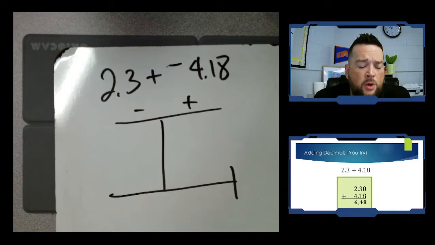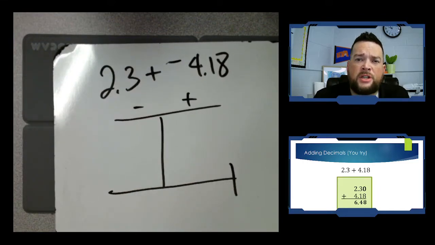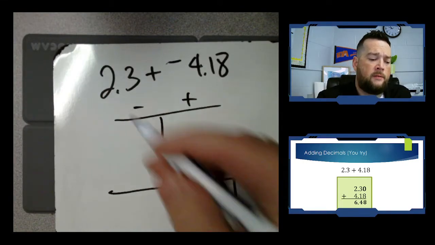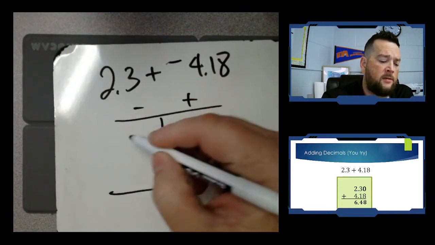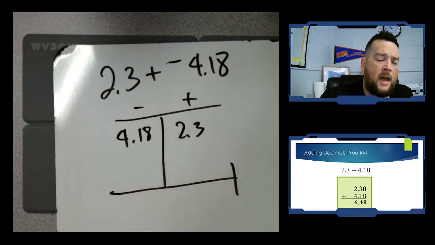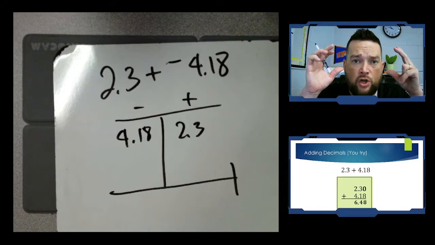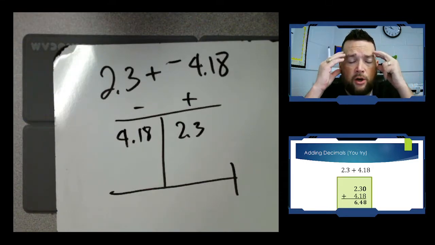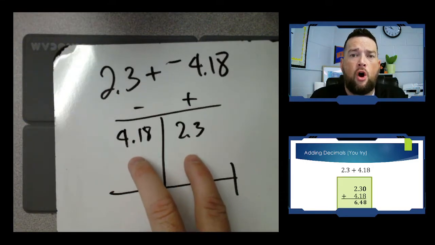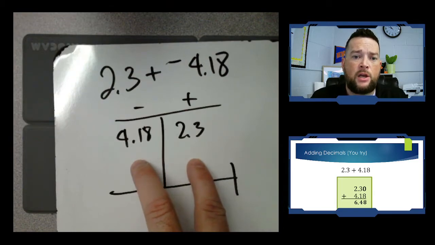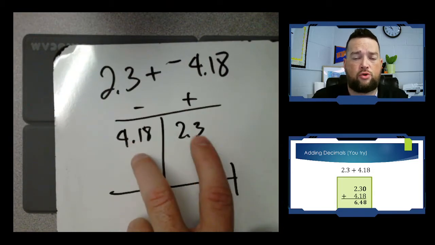But essentially, what the tug line does is give you a recognition of the team that each number is on. If it's a positive number, it's on team positive. If it's a negative number, it's on team negative. It's giving you a visual that should jog your memory that if you've got numbers on different teams like this, you're not going to add those, you're going to subtract those.